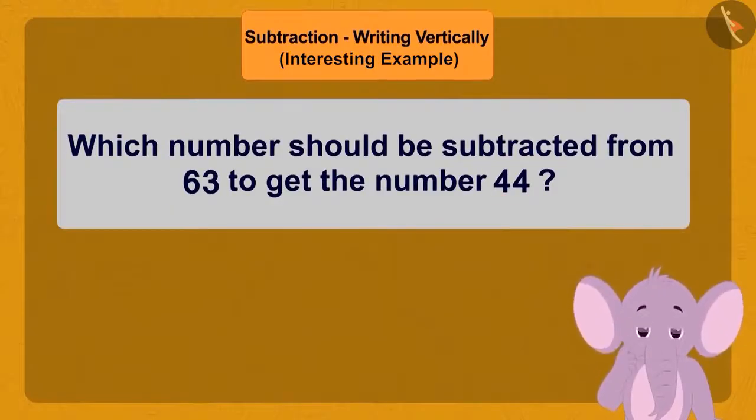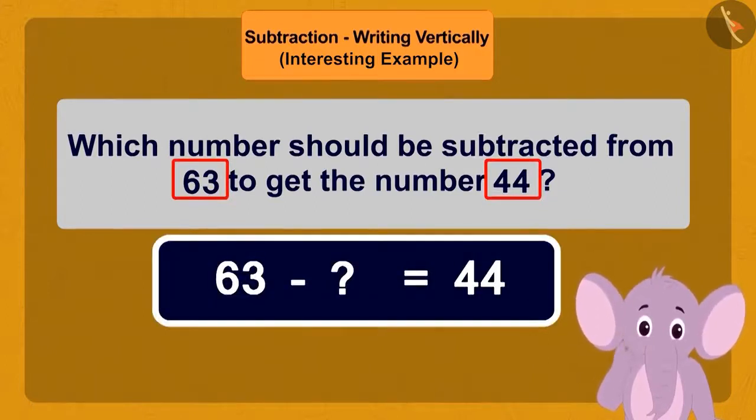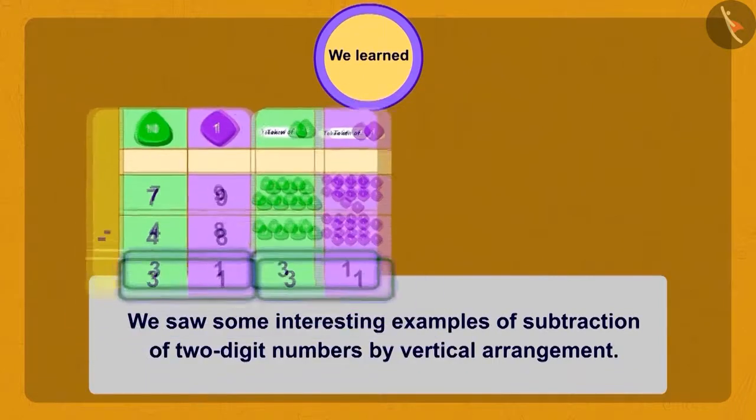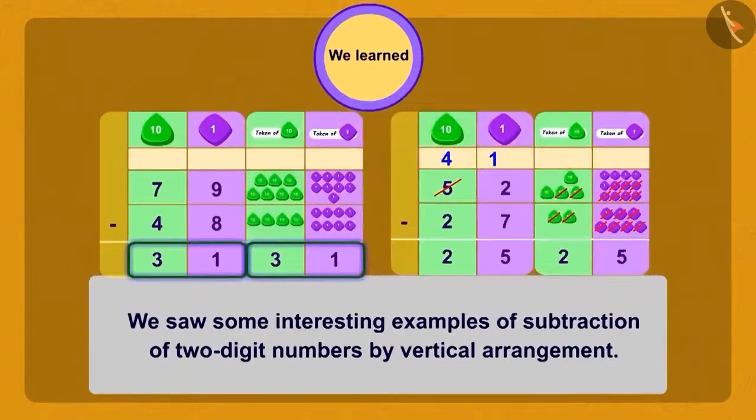Children, you also try to find out the answer to this puzzle and see if Tufan's answer was correct or not. Children, in this lesson, we saw some interesting examples of subtraction of 2-digit numbers by arranging them vertically.